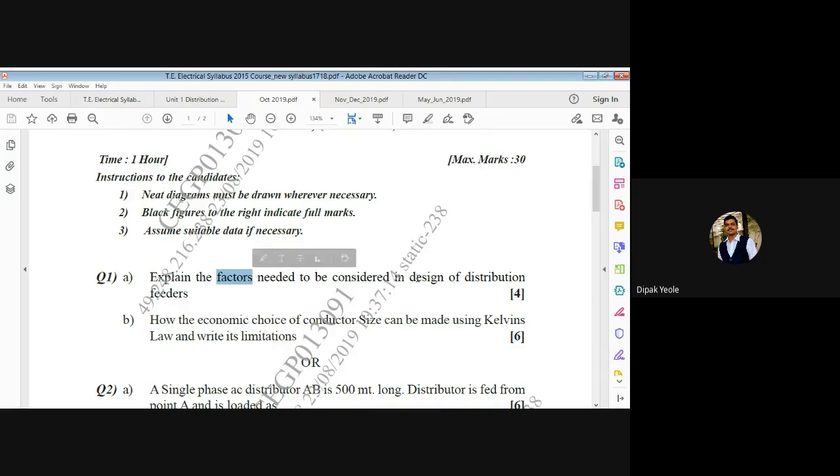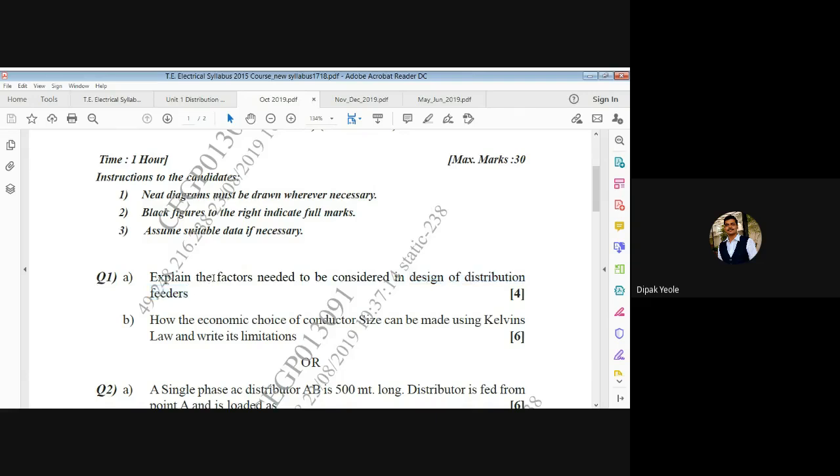We know that for design of distribution feeder, one important factor is the constant current carrying capacity. I told you a small trick: remember F stands for feeder and C stands for constant current carrying capacity. So FC you have to remember.